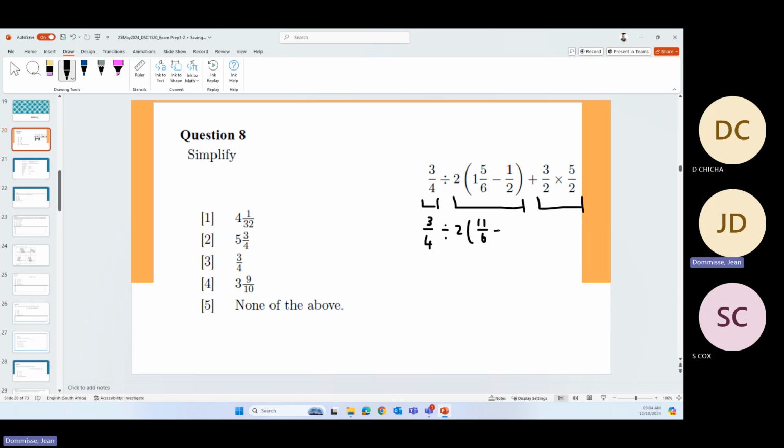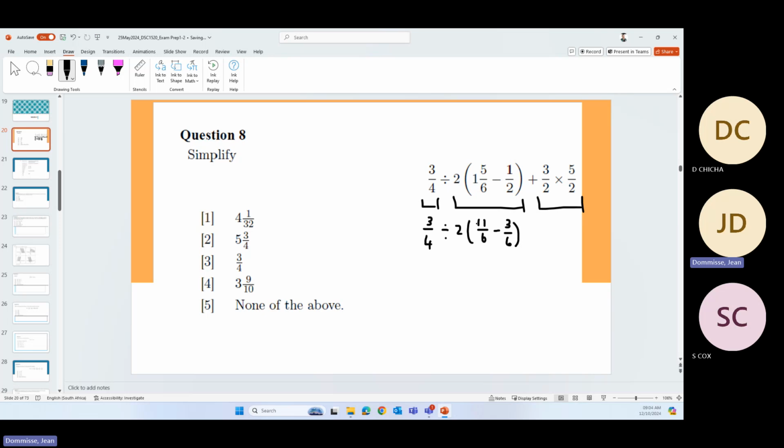And what is a half in terms of 6? It is 3 over 6. Okay, so that's the first step nearly.